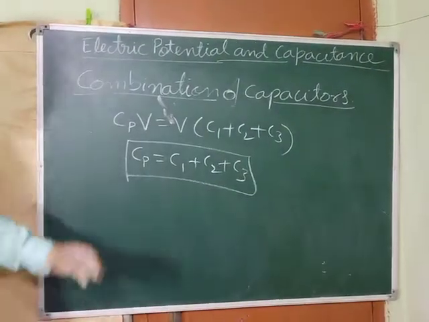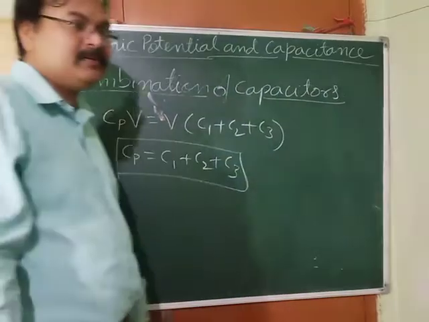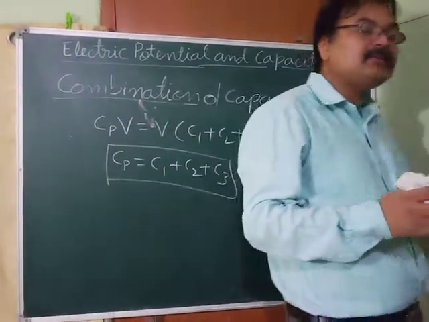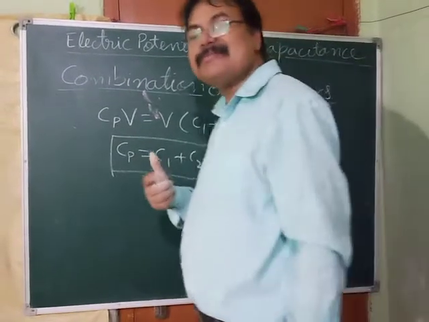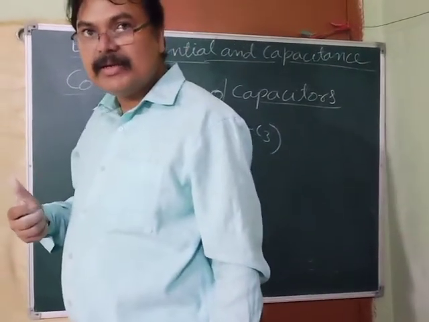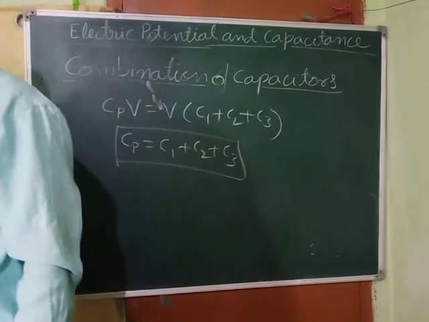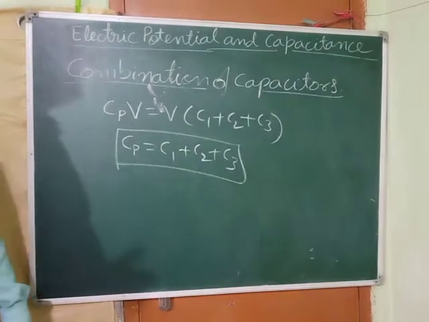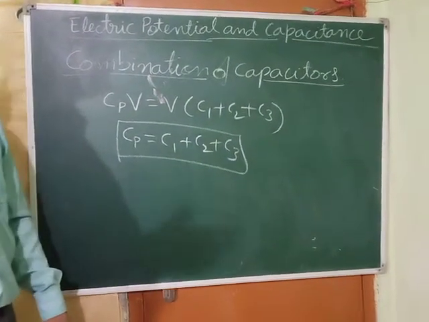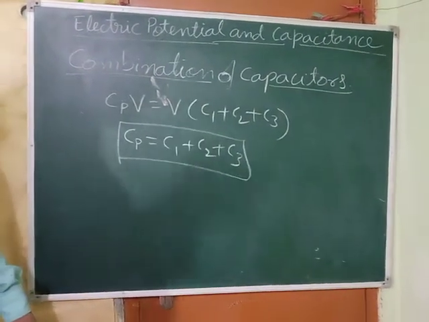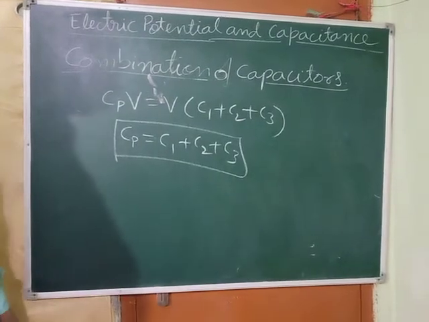This indicates that when you connect capacitors in parallel, the capacitance increases, because their capacitances get added up. But in series, the capacitance decreases. Don't get confused. You might be remembering the case of resistance, so it is the opposite of that. Got this?